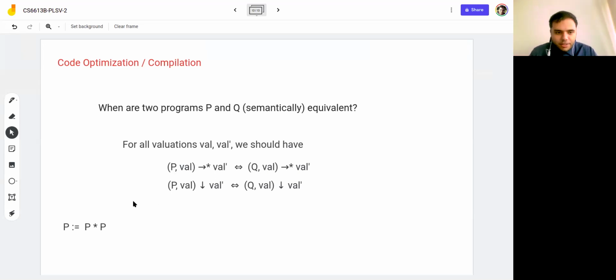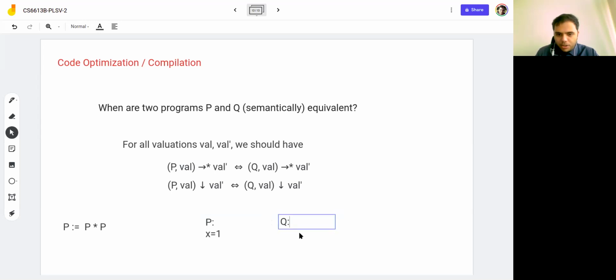So suppose that I have two different programs, and let's say this is my program P, which basically does this, x equal to 1 and nothing else.